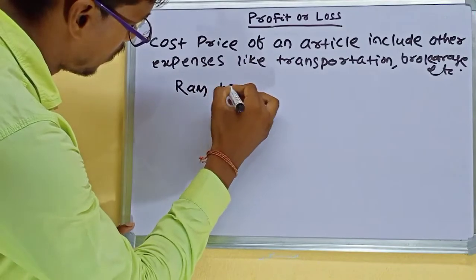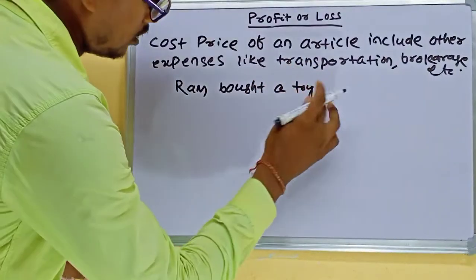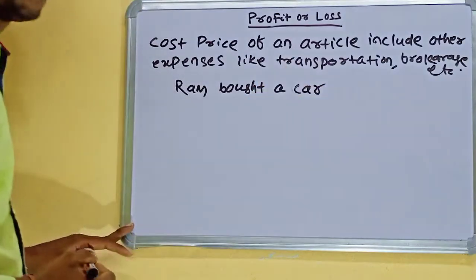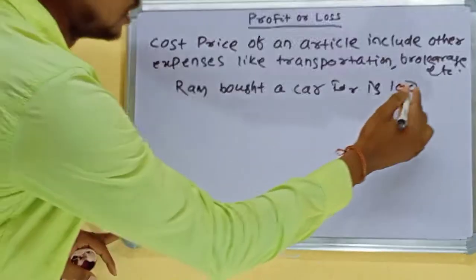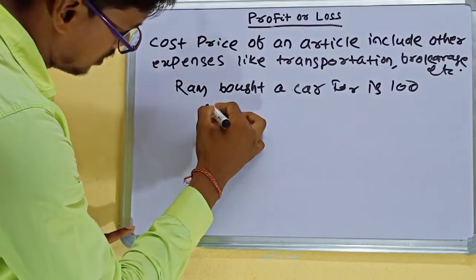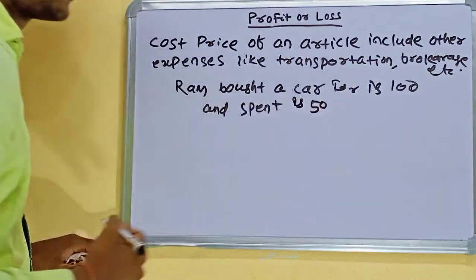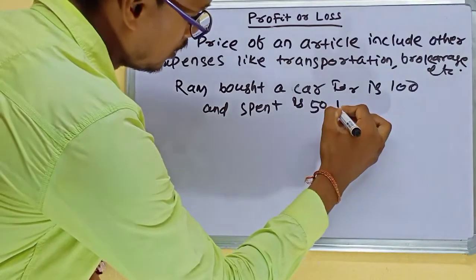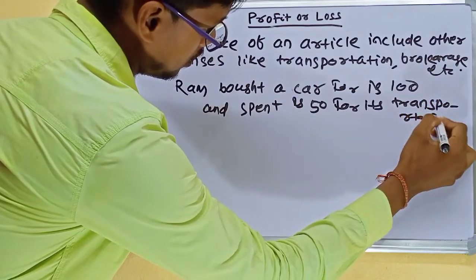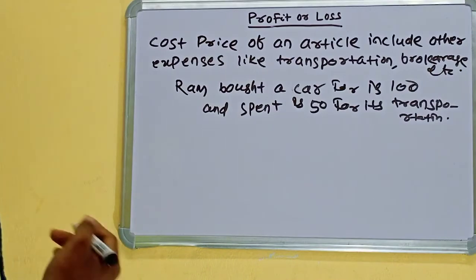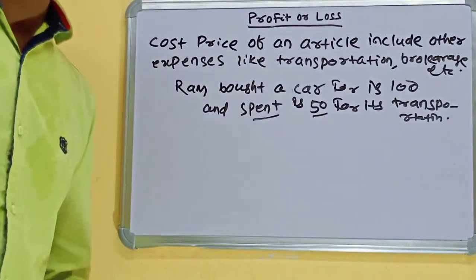Ram bought a car for rupees 100 and spent rupees 50 for its transportation.